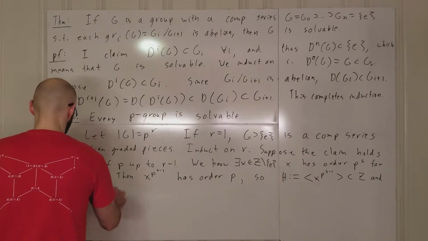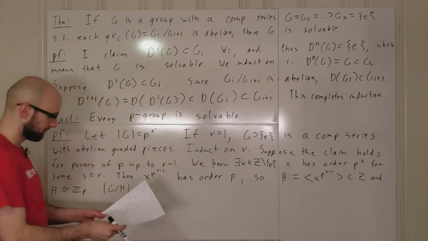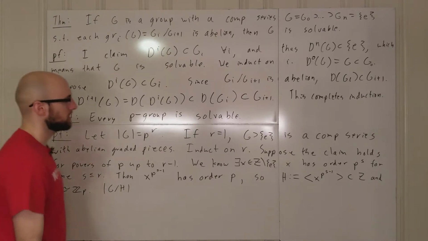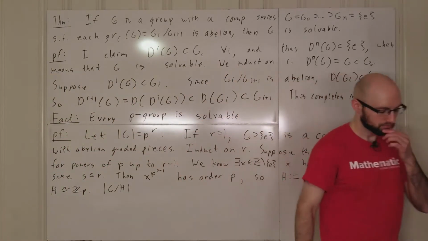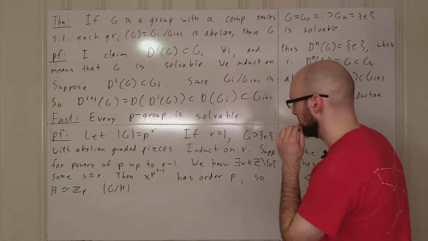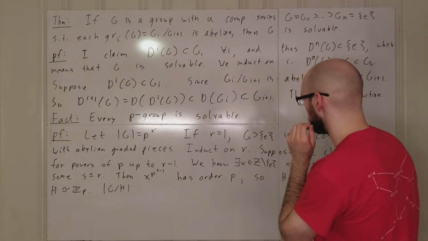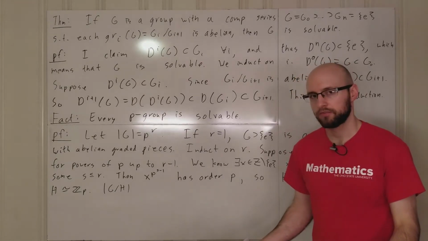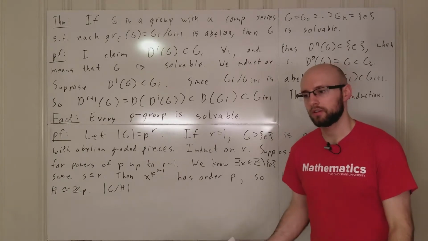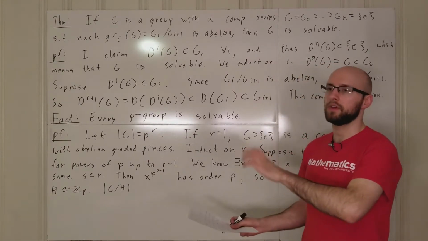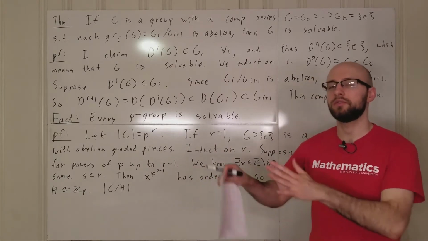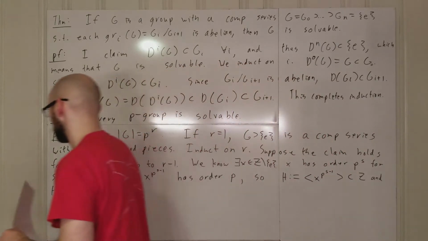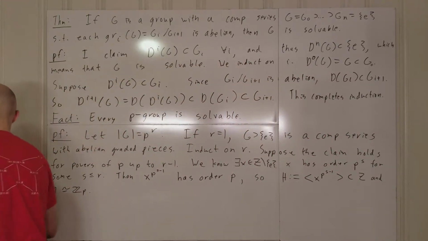So the order of G mod H, which we know is a group because H is contained in the center, so every element of H commutes with everything in G, and so in particular, conjugating any element of H by anything in G will just give you that element of H back, which means that H is normal in G. So actually, let's state that.